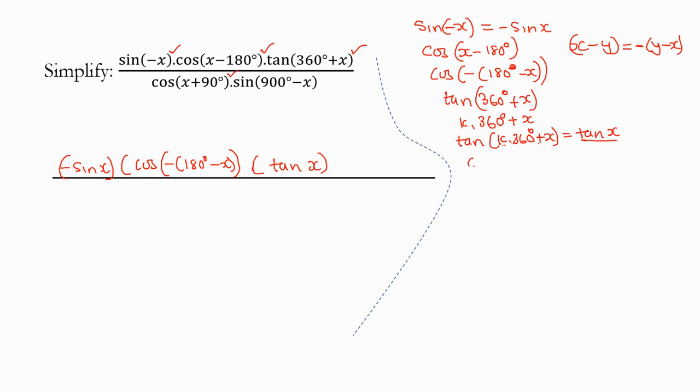This is cos of x plus 90 degrees. Addition is not a problem because addition is commutative. 5 plus 3 is equal to 3 plus 5. Addition and multiplication are commutative, but not subtraction and division.